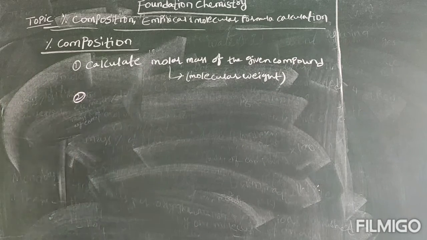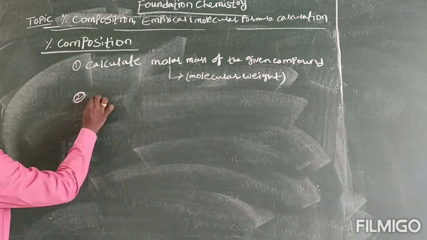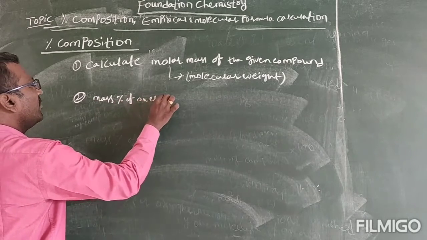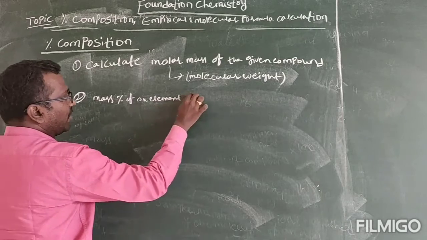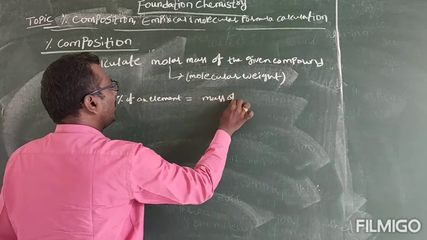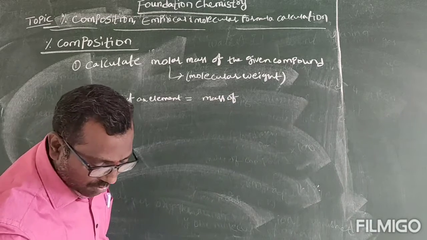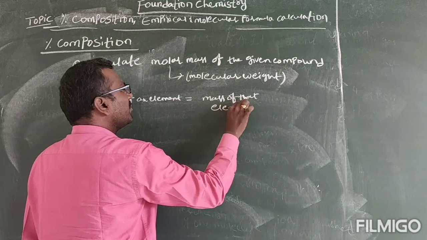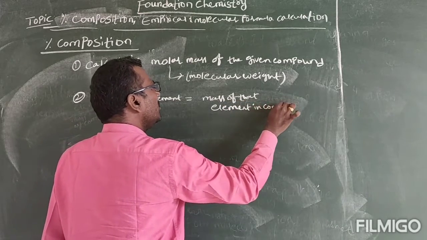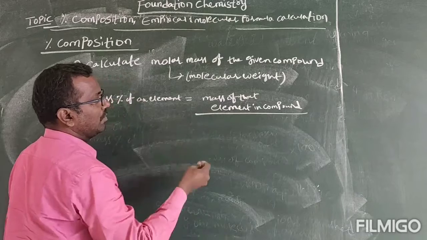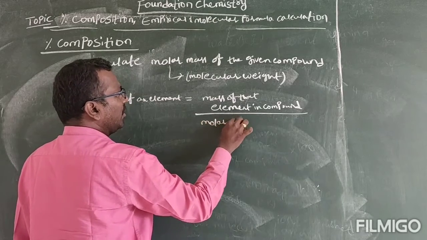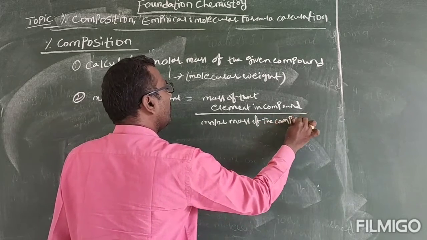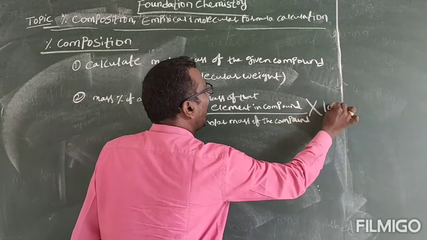Second, you have to apply the formula: the mass percentage of an element is equal to the mass of that element in the compound by the molar mass of the compound, into 100.